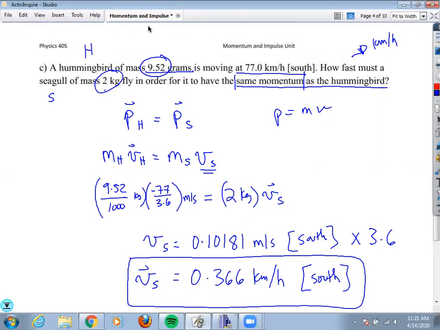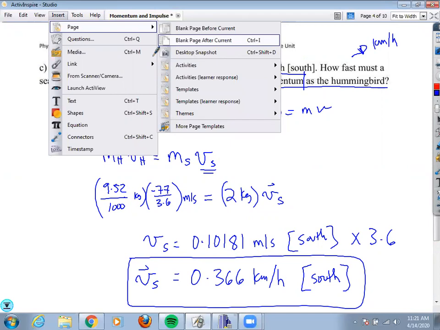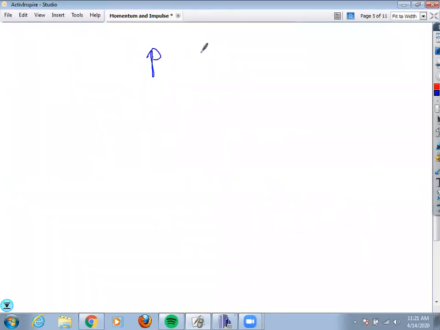If we look at this, if the momentum of the hummingbird equals the momentum of the seagull, the hummingbird has a very small mass with a very large speed. That would equal, relatively speaking, a large mass of the seagull multiplied by a small velocity.